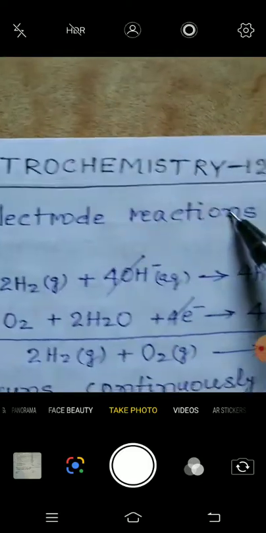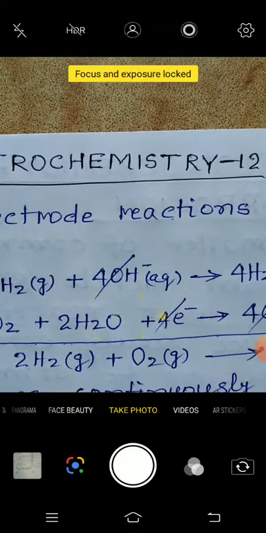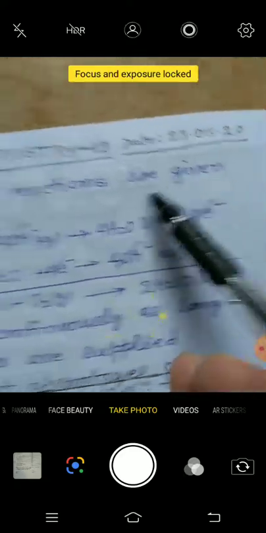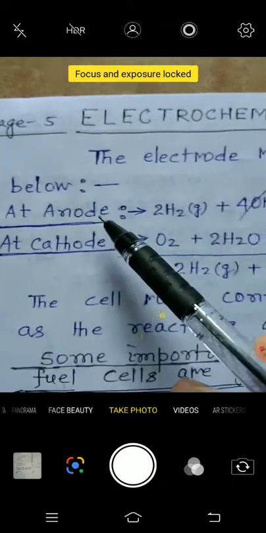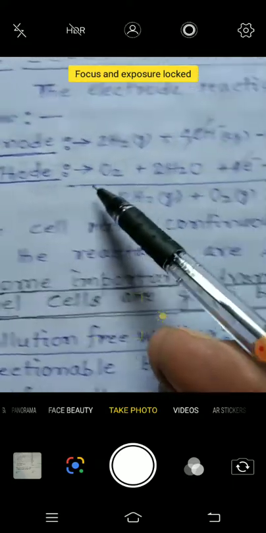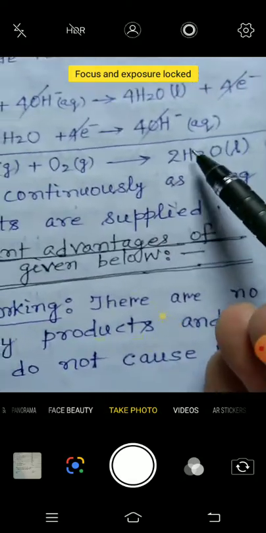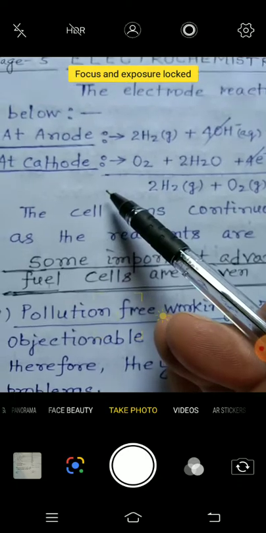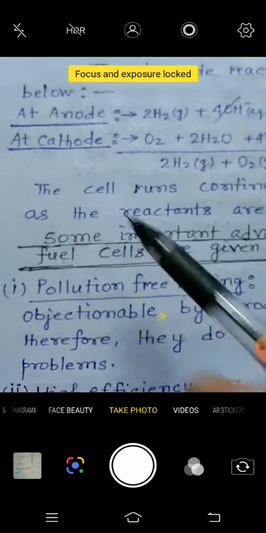The electrode reactions are given below, the one which takes place at the anode in the fuel cell, and the reaction which takes place at the cathode is given here under. You will see from the text material which I will send you on WhatsApp.